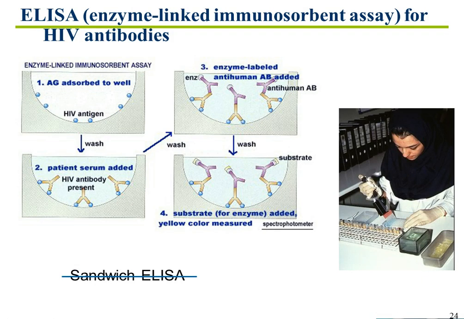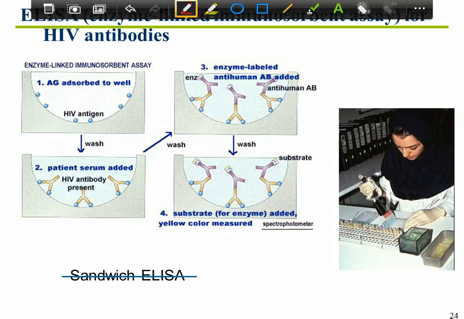Here's another example of what would be done for HIV. Again, these are little plastic wells, and if you look at this apparatus, this woman is doing multiple inoculations, and this little thing she's got right there is about a 4x6 plastic tray.